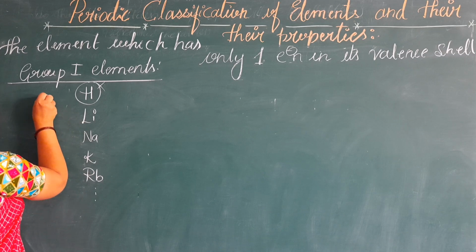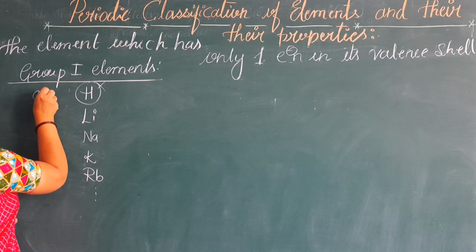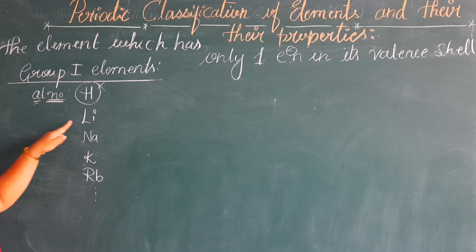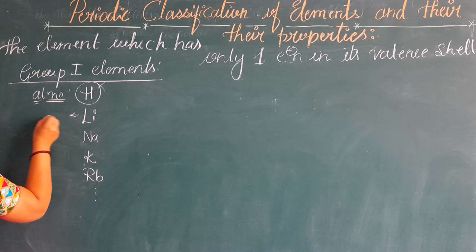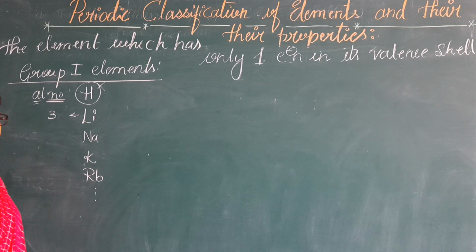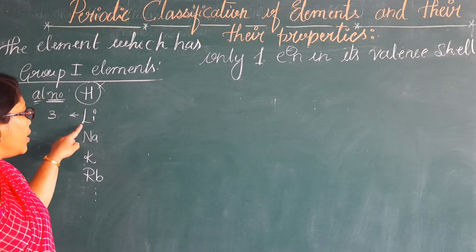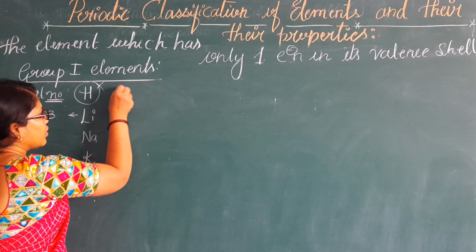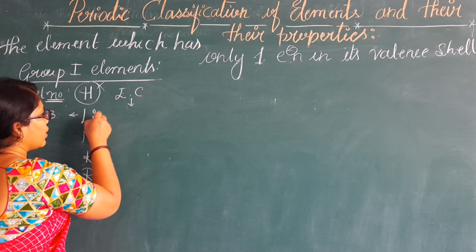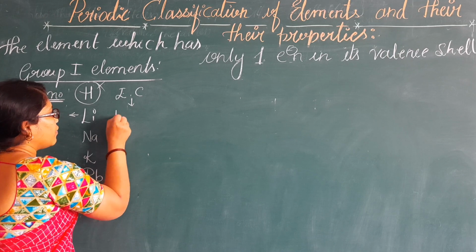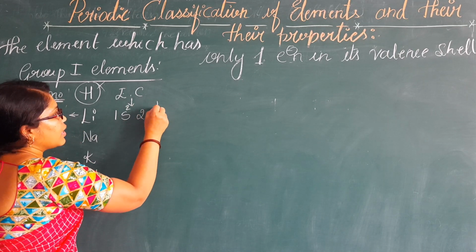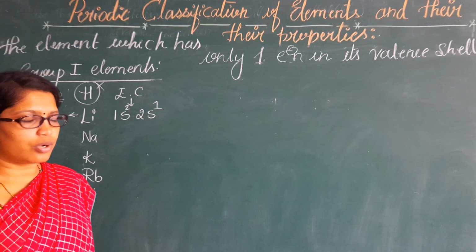Lithium possesses atomic number 3, after hydrogen and helium. When you write the electronic configuration for lithium, it will be 1s2, 2s1. It is left with 1 electron.